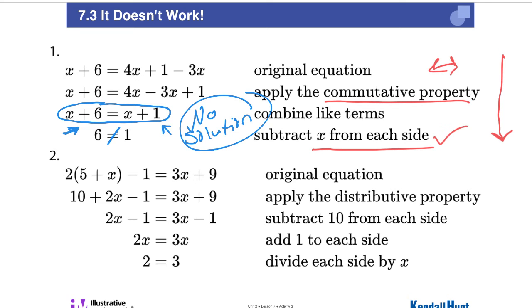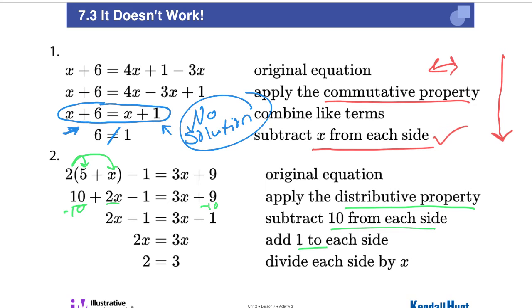Now on to equation 2, we have our original equation. The first step says that he did the distributive property. So he took 2 times 5, that's where he got 10. He took 2 times x, that's where he got 2x. Then it says that he subtracted 10 from each side, and we can see that he did that correctly. He took 10 minus 10 here, and he took 9 minus 10 here, so that's where he got his negative 1 on the right-hand side.